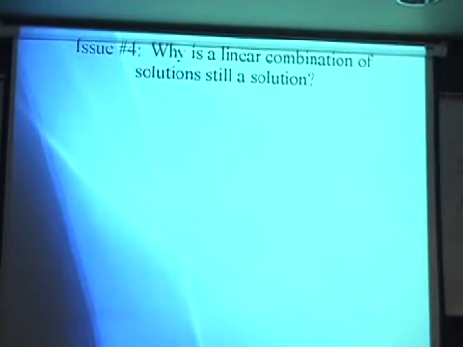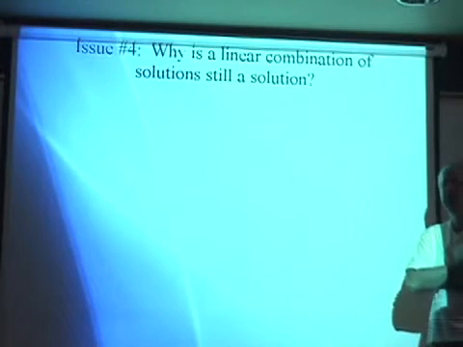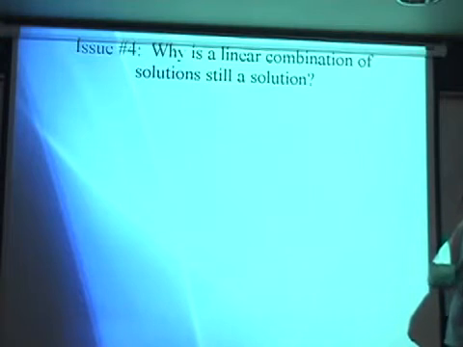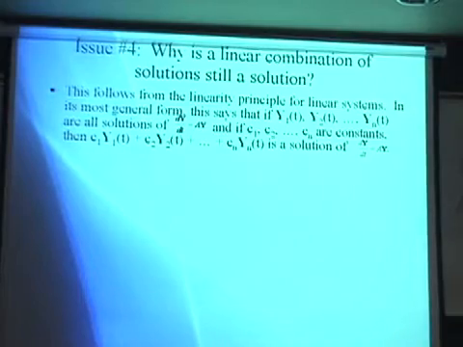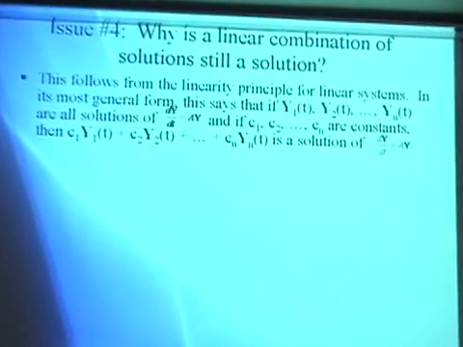Why is a linear combination of solutions still a solution? This is an issue that you've read about before, even in Chapter 1. It's the linearity principle. This follows from the linearity principle for linear systems.